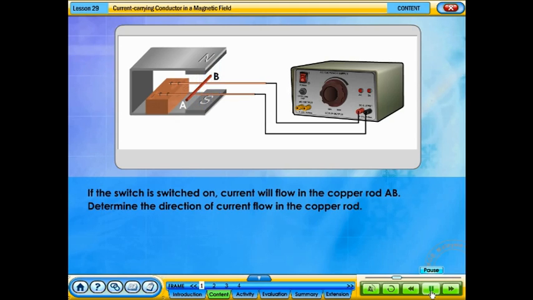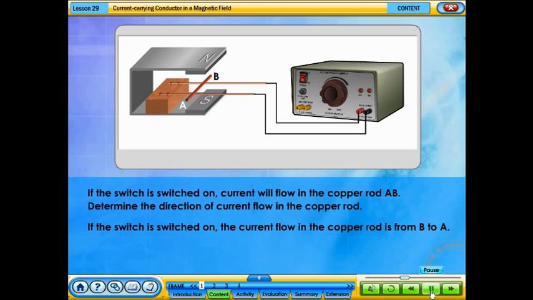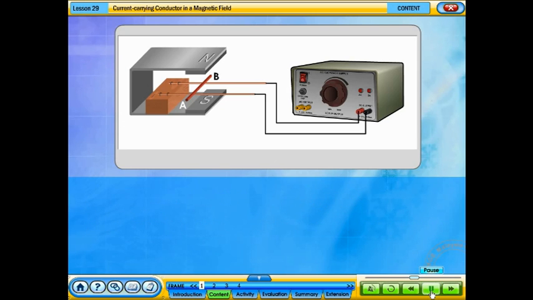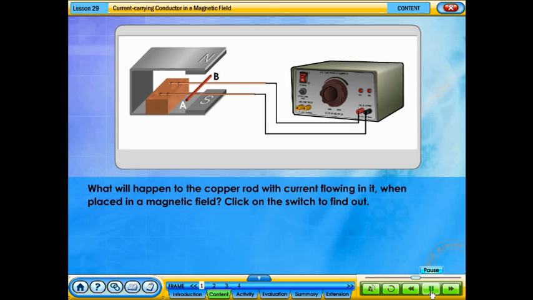When switched on, current will flow in the copper rod AB. Determine the direction of current flow in the copper rod. If the switch is switched on, the current flow in the copper rod is from B to A. What will happen to the copper rod with current flowing in it when placed in a magnetic field?